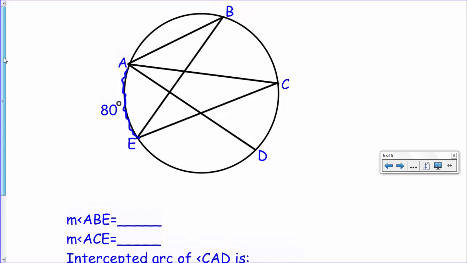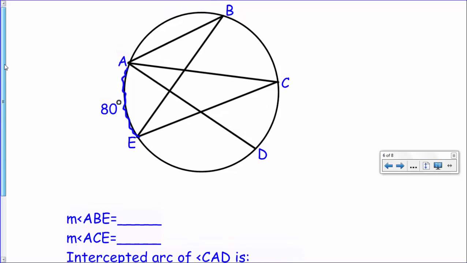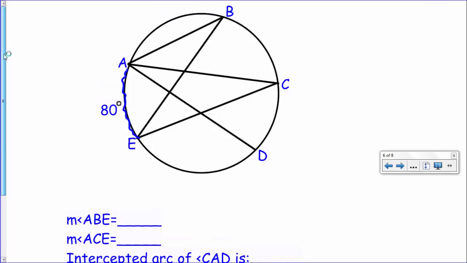Here's an example using different types of inscribed angles. We can begin to see other shapes forming inside of the circle. Measure of ABE is the angle ABE. Here's our angle.